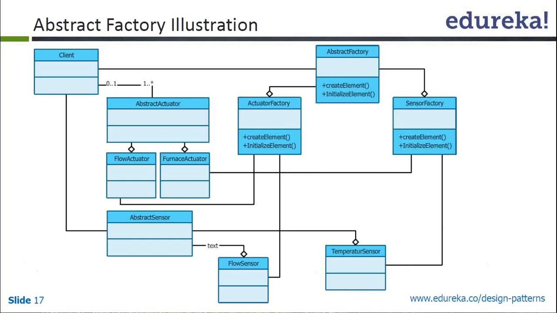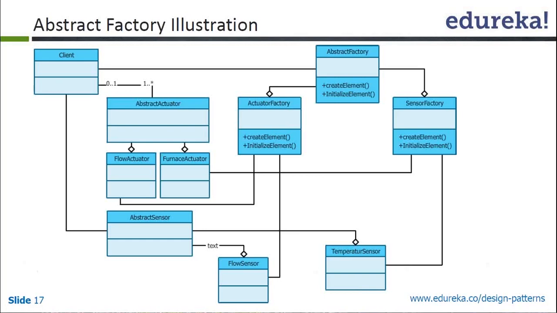For example, if you are going to build a cement factory, an Abstract Factory will give you an actuator factory as well as the sensor factory that is applicable only to a cement factory and not, let's say, a cheese factory, because the actuators and sensors in the world of cement factory will be drastically different than those for, let's say, a cheese factory or a pickle factory if you like pickle.